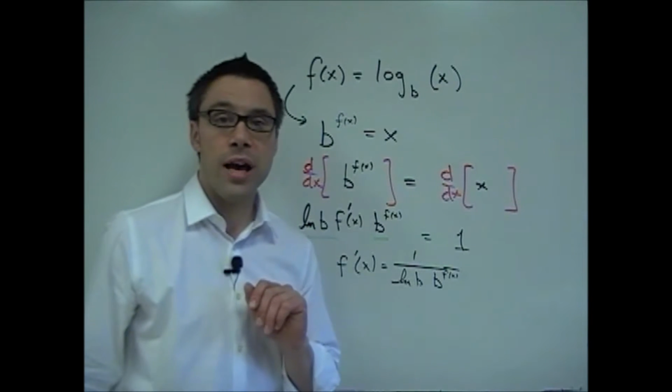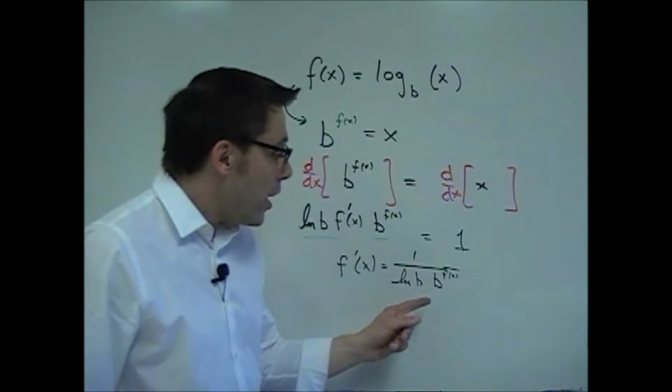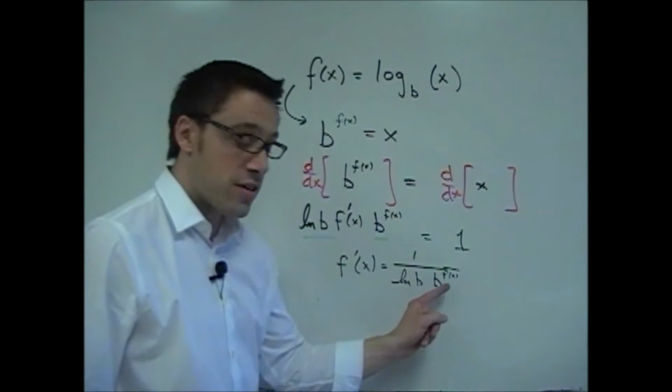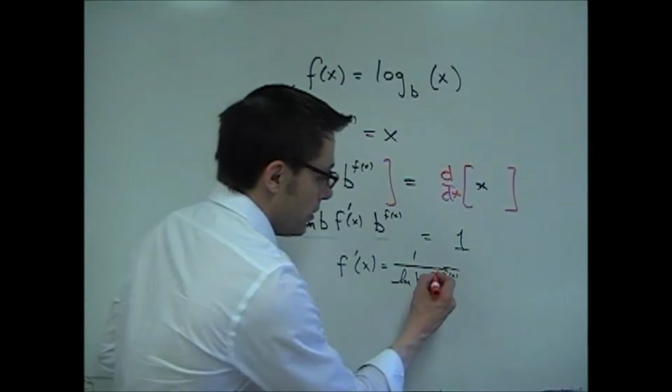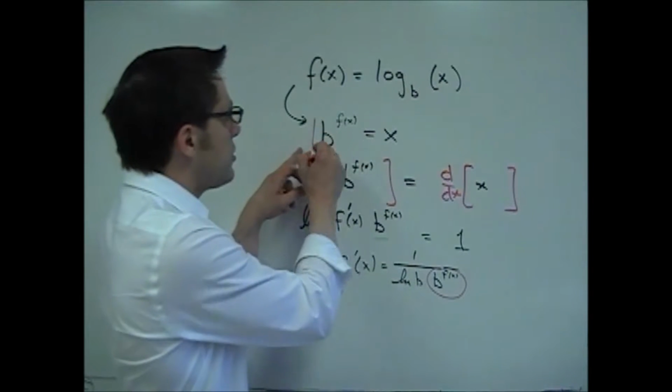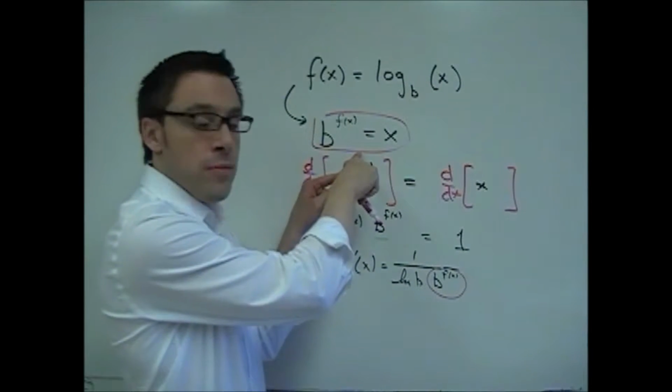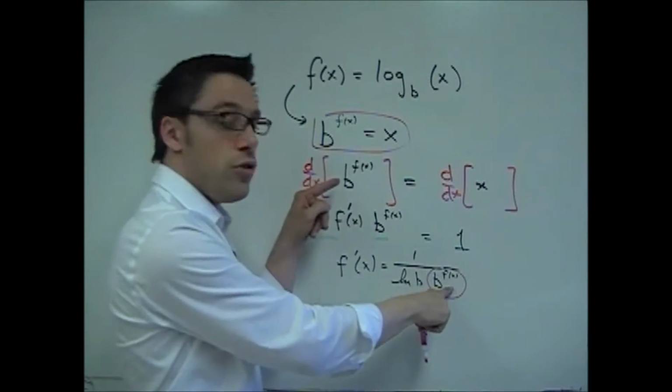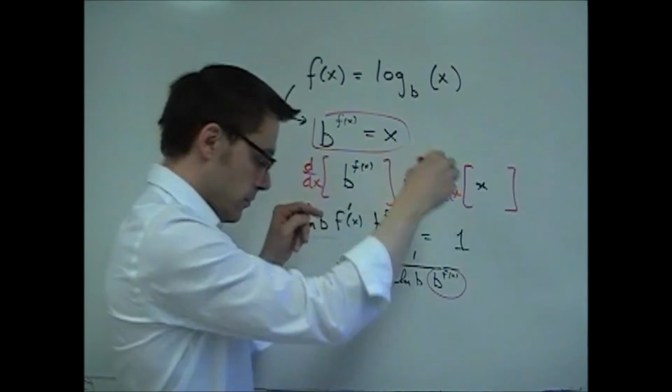Now, one other thing we have to note here is that b to the f of x down here is really just equal to x, right? I have it written there. So I'm going to replace b to the f of x just with x.